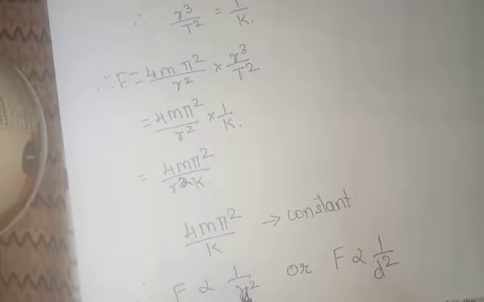So it was able to be explained by Newton that the force acting on a planet is inversely proportional to the distance between them. So hence F is inversely proportional to the distance square.